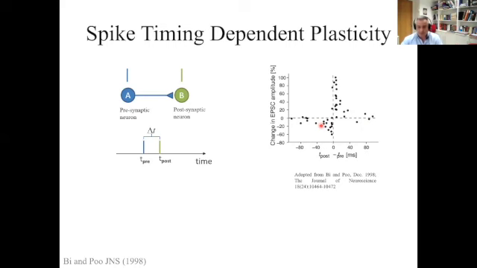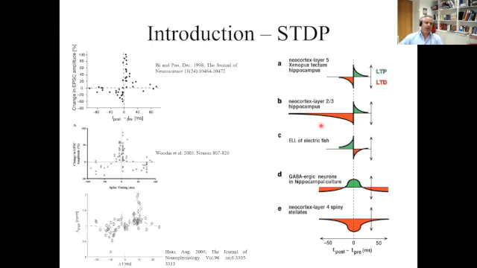Over the years, a wide range of STDP rules have been observed. We have this temporally asymmetric Hebbian learning that was reported in '98, which potentiates the causal branch and depresses the acausal branch. We have something that looks more temporally symmetric, maybe like a difference of Gaussians, and another temporally asymmetric, this time for inhibitory synapses.